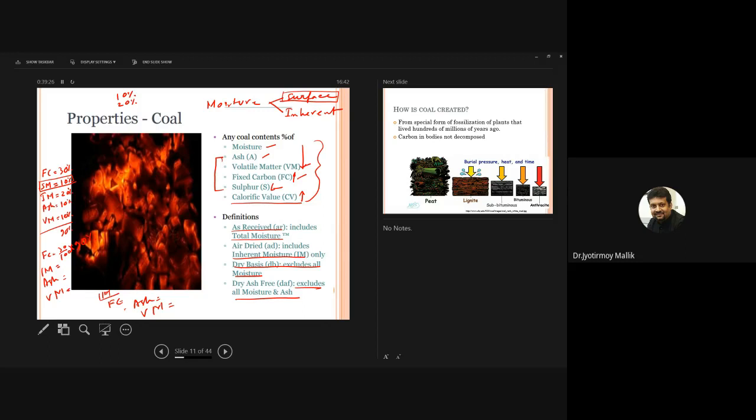Say in this particular example, if I take out all the moisture, that means 30% and 40% I have gone. So I'm left with 10%, 20, 30, 10, 40%, 50.